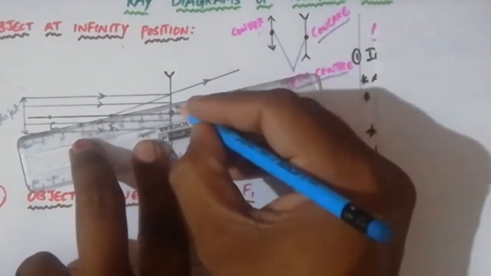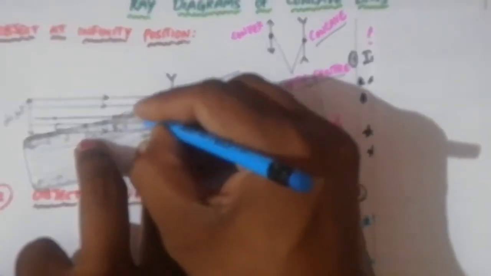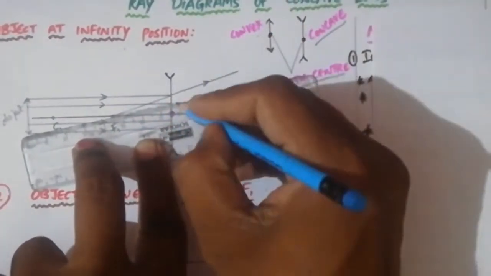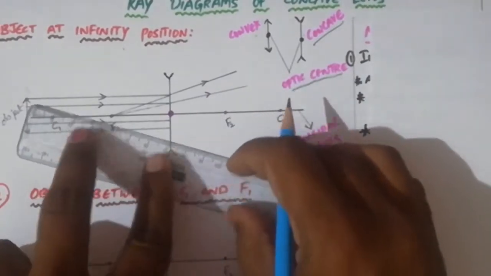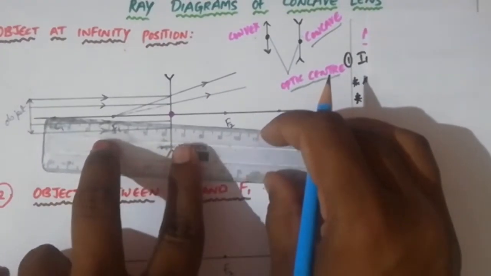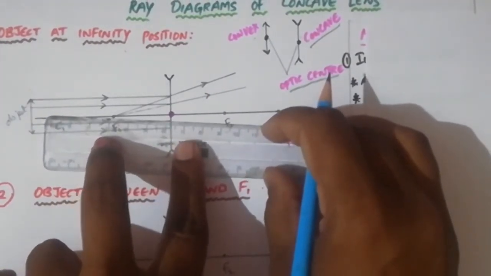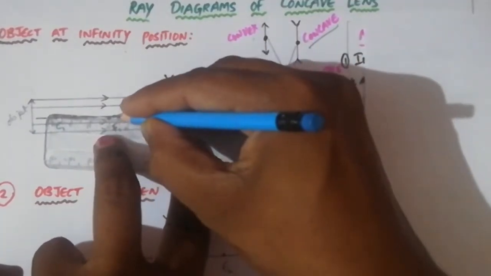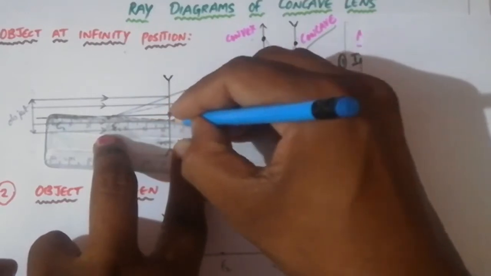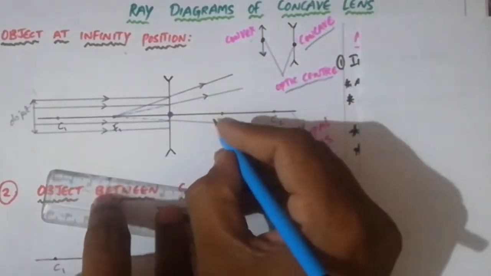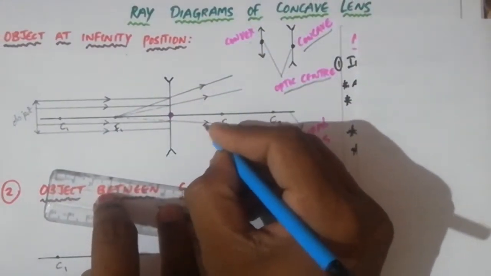From this position to F, try to join with dotted lines, that means the extended position. And this one is the refracted ray.